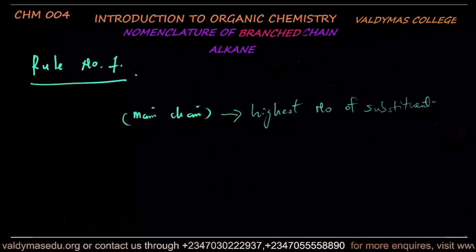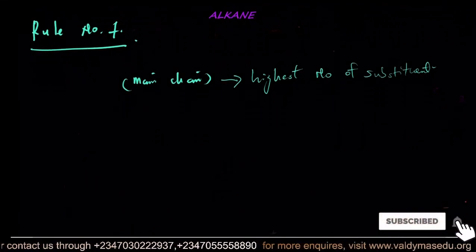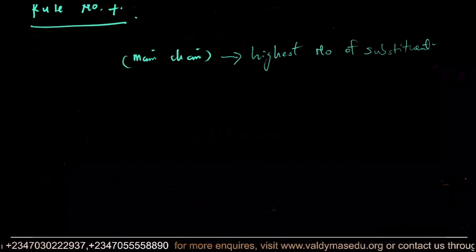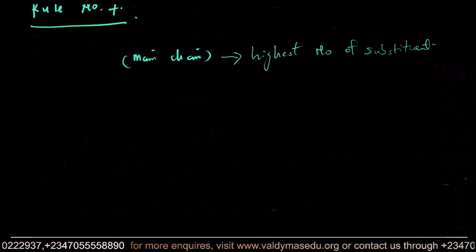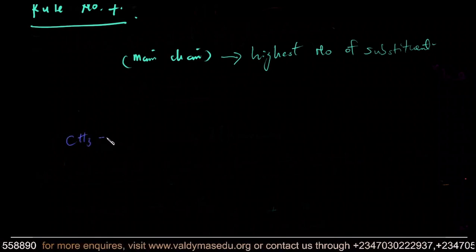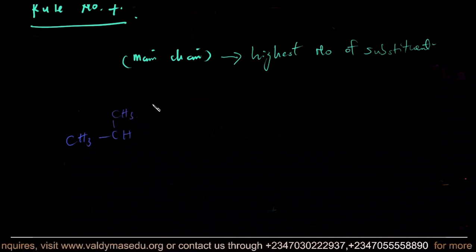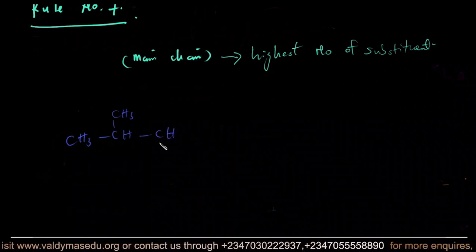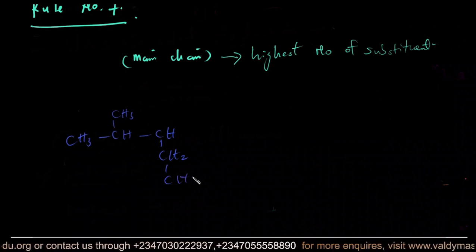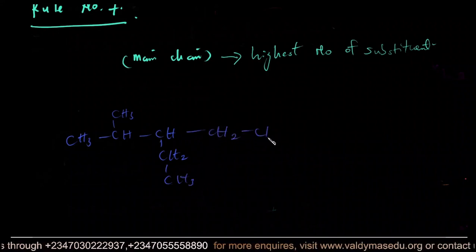Okay, so let's take this example. This structure, so what we have there: CH3, CH2, CH.